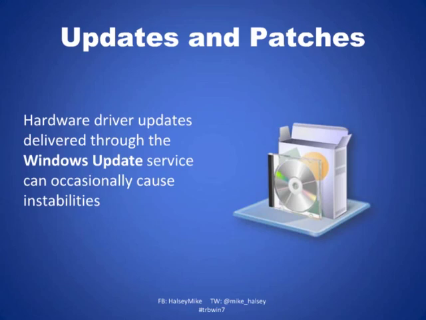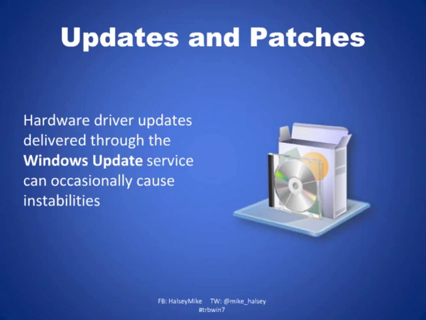And just because something comes through Windows Update doesn't mean it's guaranteed to work. I have regularly, semi-regularly, encountered driver updates that come through Windows Update that cause havoc, sometimes even blue screens. And that's even in Windows 7 as well.